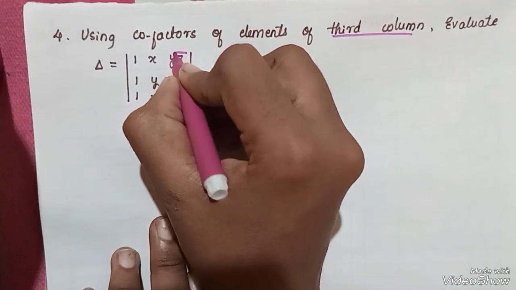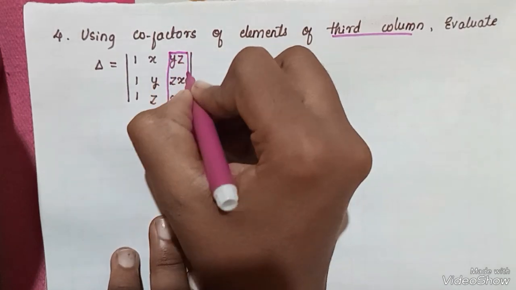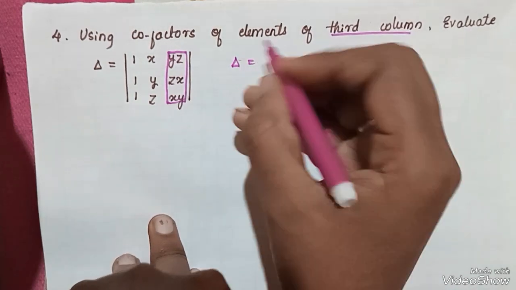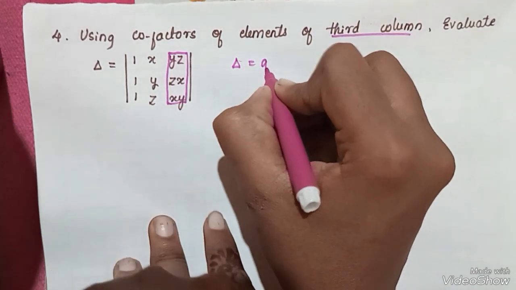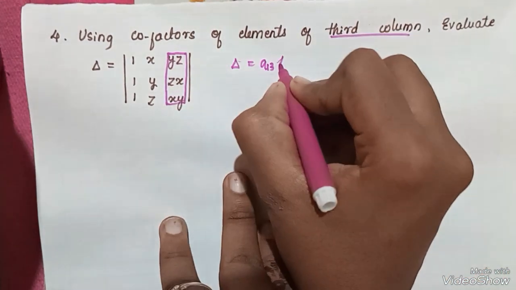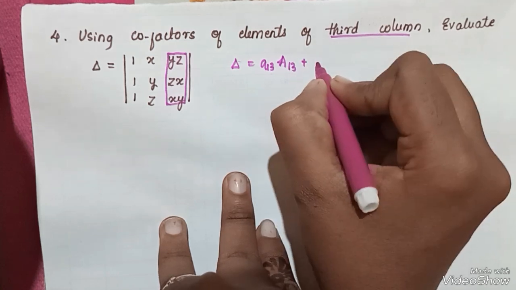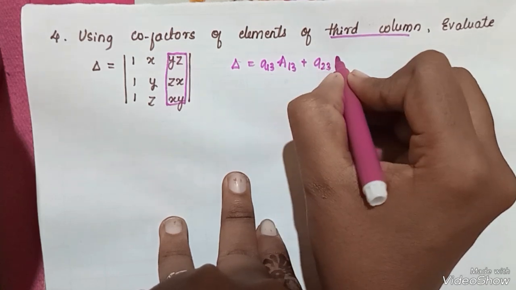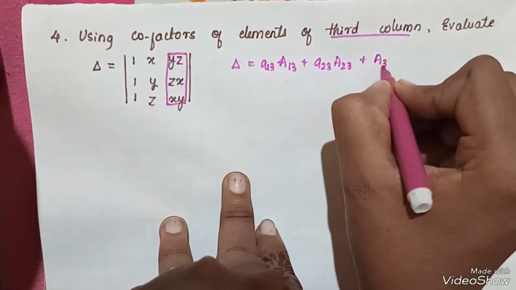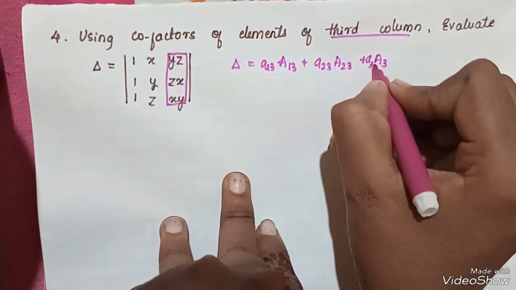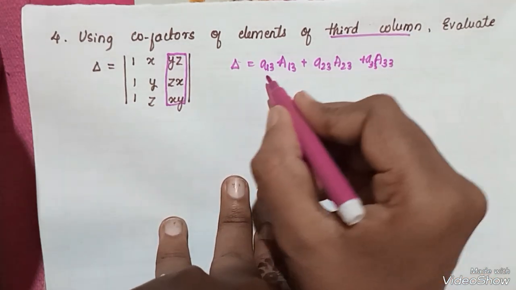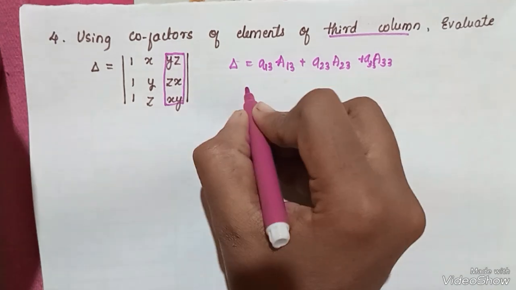By using the third column, we know delta is the element A13 into cofactor of A13, plus A23 into cofactor of A23, plus A33 into cofactor of A33. Now again substitute these values here.